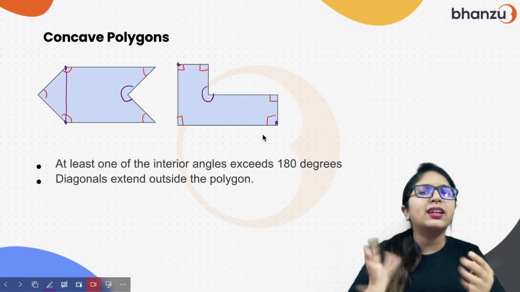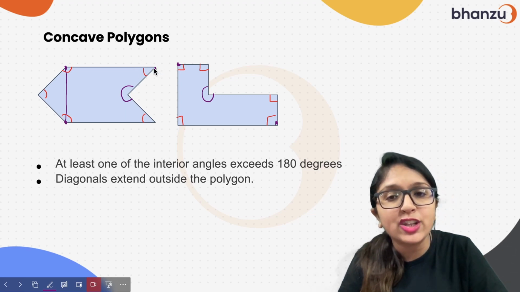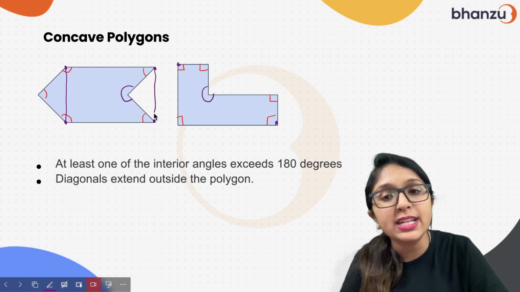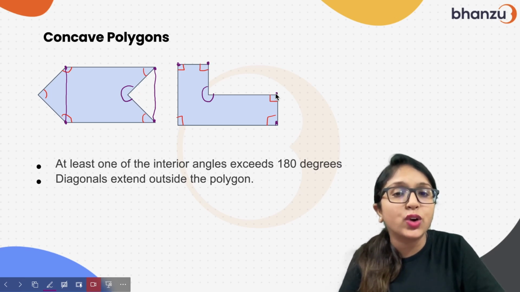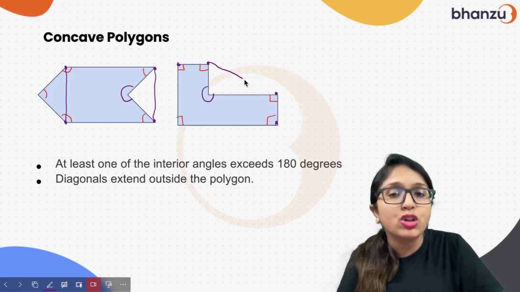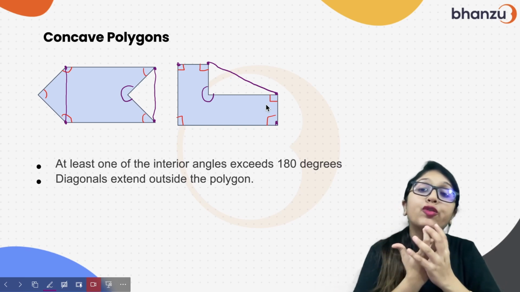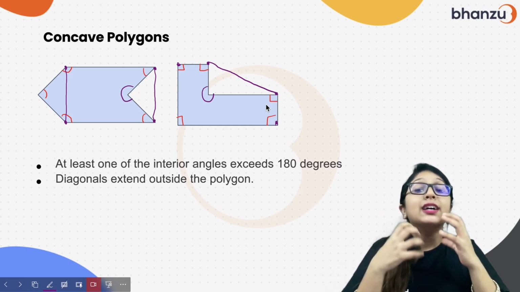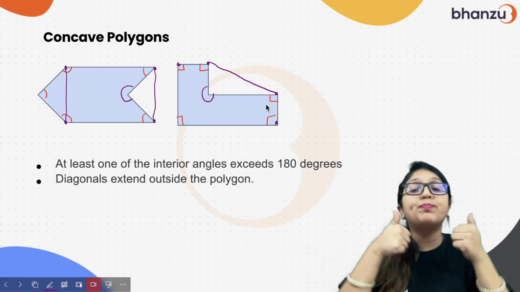I can get the diagonal over here also. But if I see the diagonal here, if I join this vertex and this vertex, now this diagonal is outside the polygon. If I join this vertex and this vertex, now this one is also outside the polygon. So this is one of the properties of concave polygon, that is at least one diagonal extends outside the polygon.